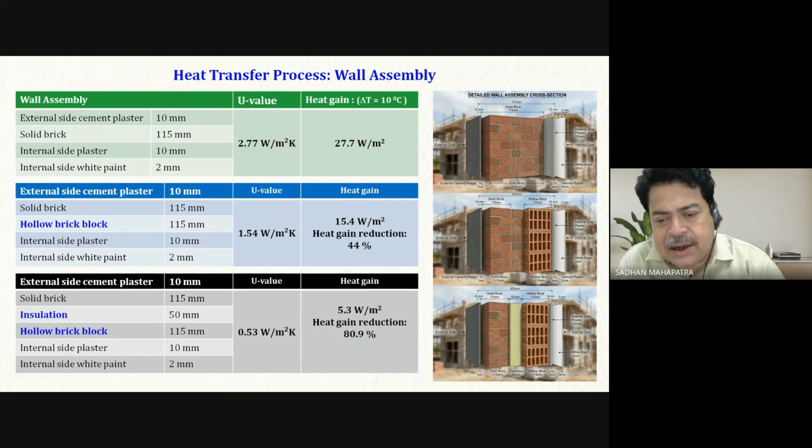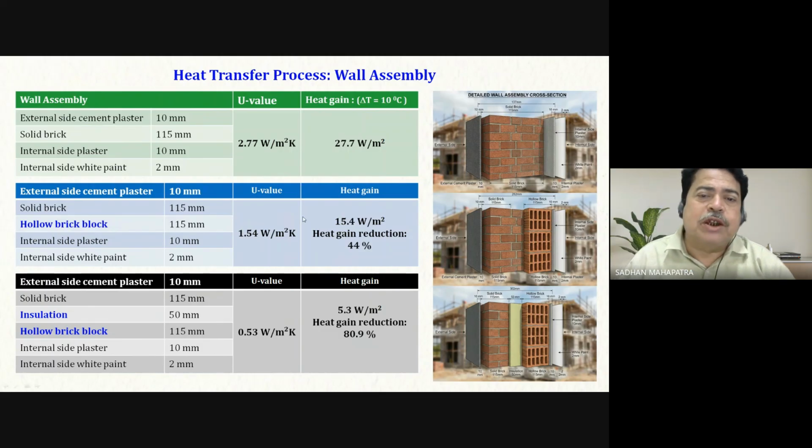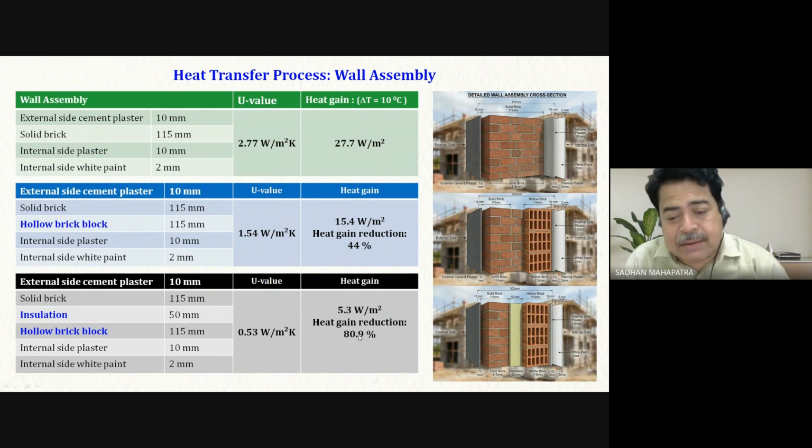And the heat gain is 5.3 watt per meter square, a heat gain reduction of roughly 81%. So instead of the first assembly, if I go for the third assembly, my heat gain through this wall has come down by 81%. That means your cooling load requirement will come down by 81%, which means there will be energy conservation.